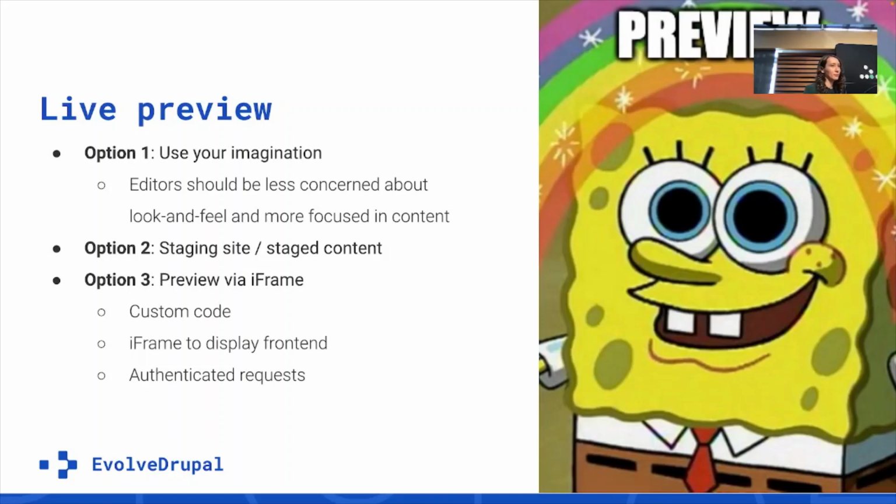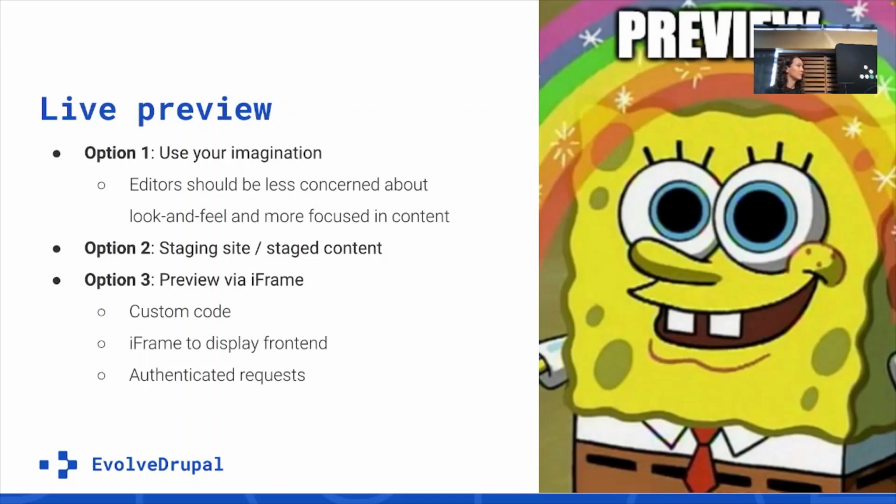Imagine a website that publishes to different platforms. It could be a kiosk, an app, or the web, and it would all look different anyway. So what's the use of preview? Now, I find that this option has a 99% rate of failure, so it really depends on what your client needs are.